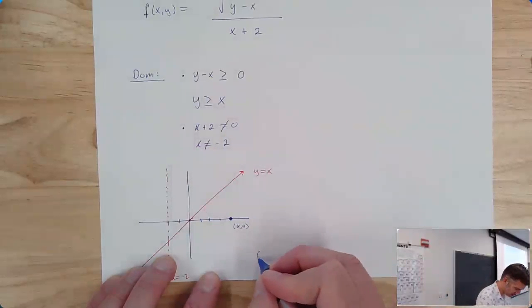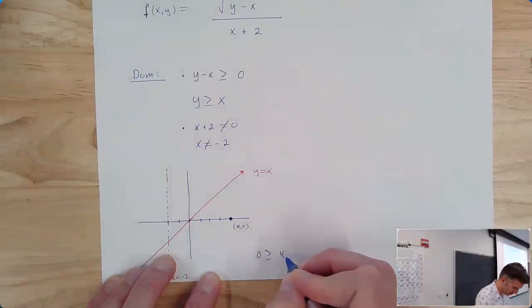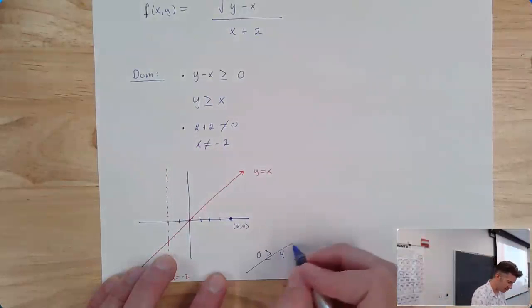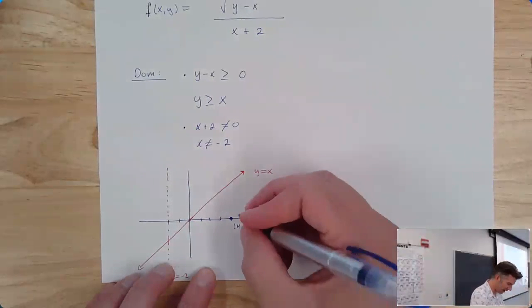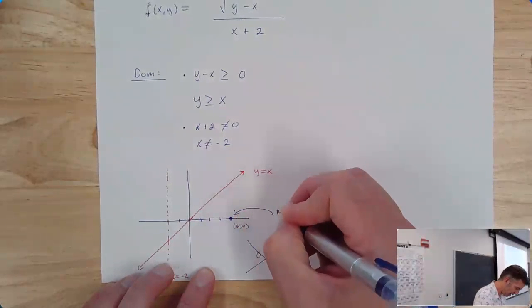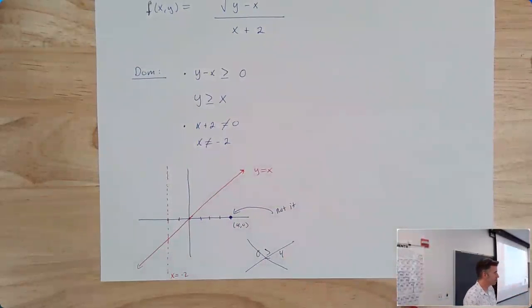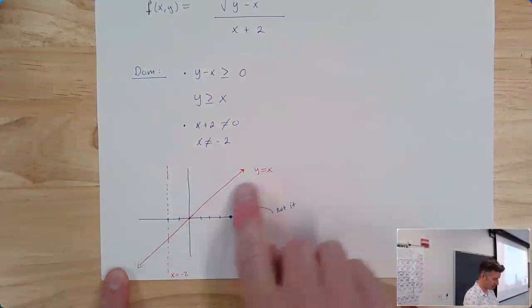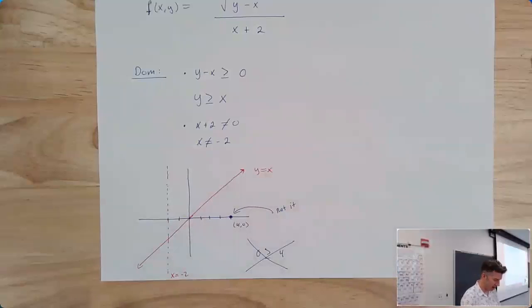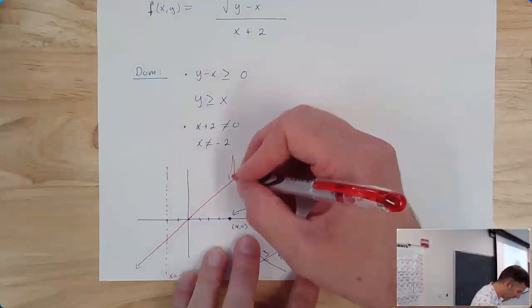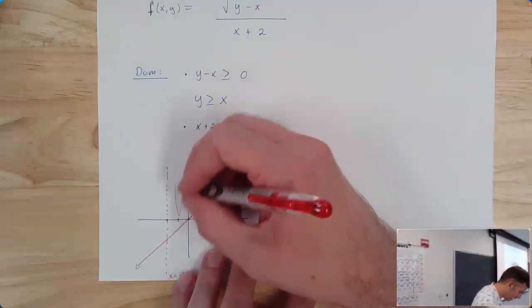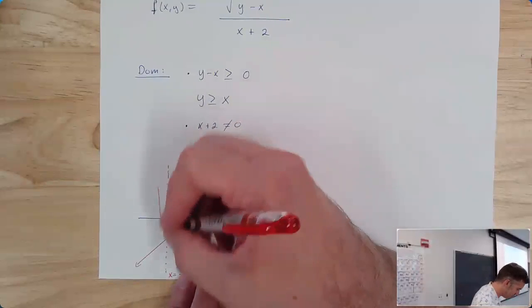So I get 0 bigger than or equal to 4. I can't. So this point is not it. That's the wrong side. I don't want this side of that line. I want everything on this side of that line, except for that. I don't want any of that.